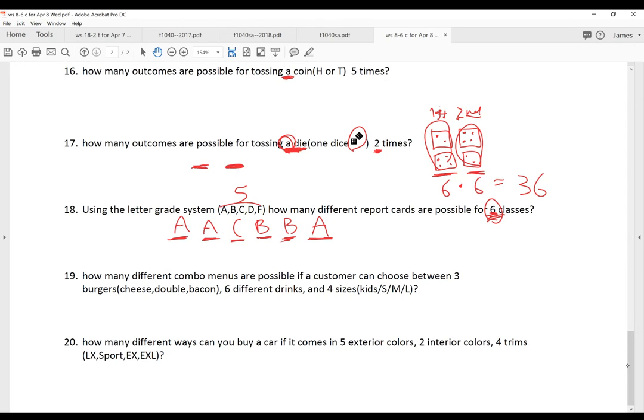Okay, so there are 6 spaces to fill to get grades for each period. And then for period 1, there are 5 possibilities, A, B, C, D, F. That's 5 letters. Okay, so yeah, 6 to the 5th power is different than 5 to the 6th power.